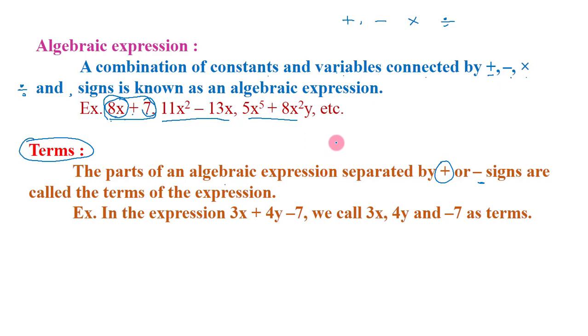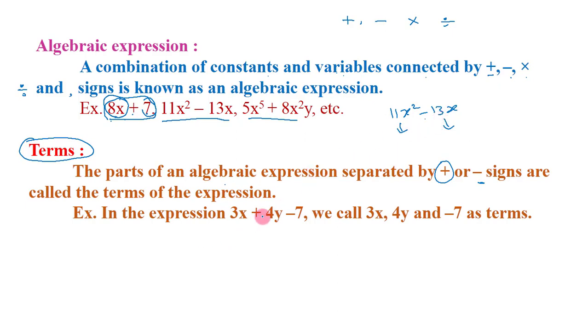That means before the plus one term, after the plus one term. If you take this example, 11x square minus 13x, this expression has two terms, because they are separated by minus. Before the minus we have 11x square, which is one term, and 13x is another term. So there are two terms in this example.